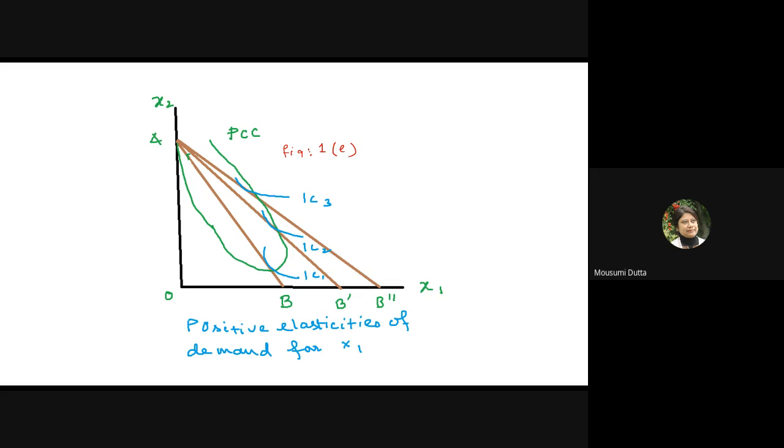So this is more or less the possible cases with ICC and PCC, their relations with income elasticities, price elasticities, etc.